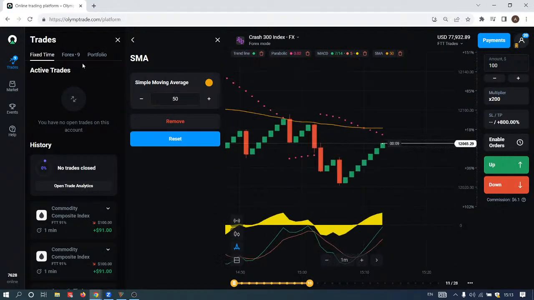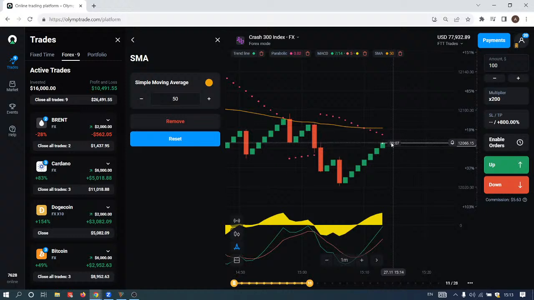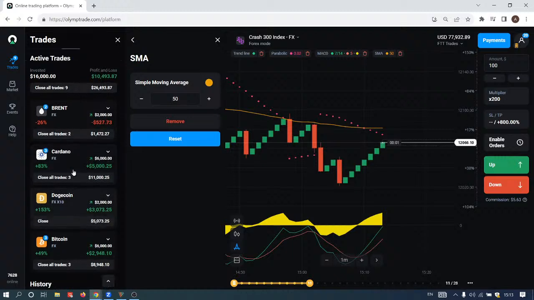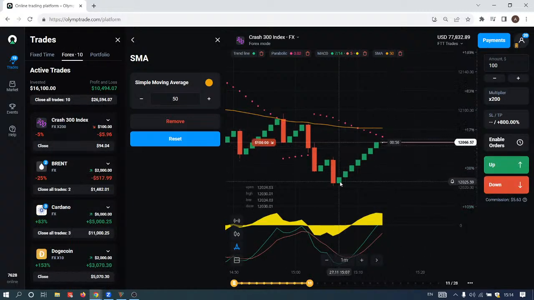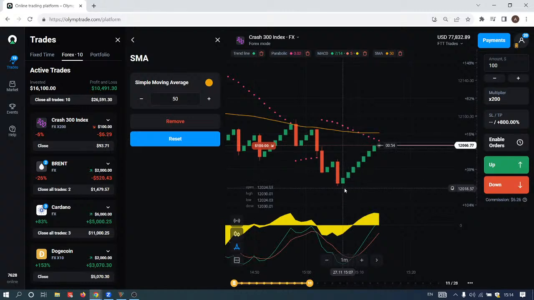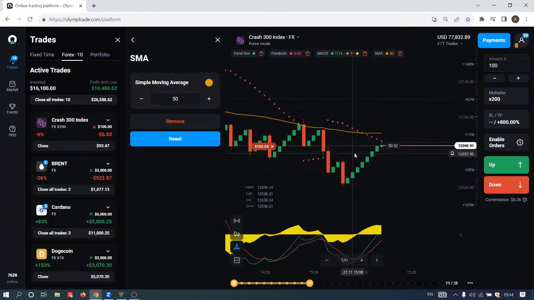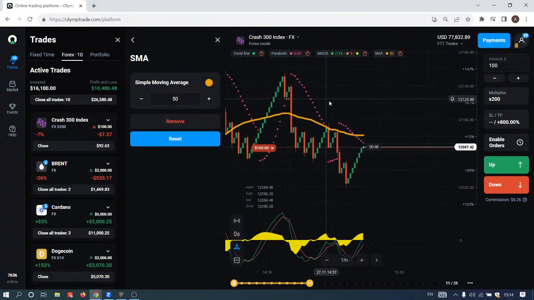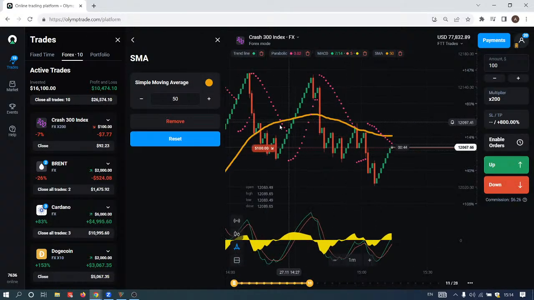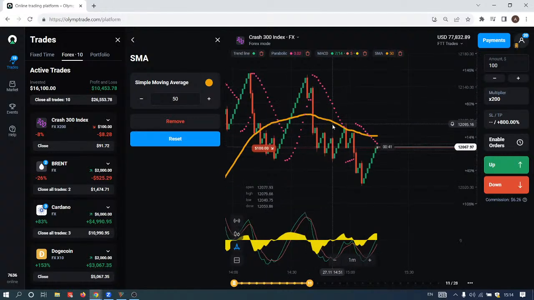Now, guys, while I'm talking, I want to open a few trades. So this is going to be my trade on Crash 300 index, at the beginning of the next candlestick. Boom. So I'm now doing this crash strategy. Since we are trading below the 50 SMA, and as you can see, usually when we are trading below, it means downtrend.